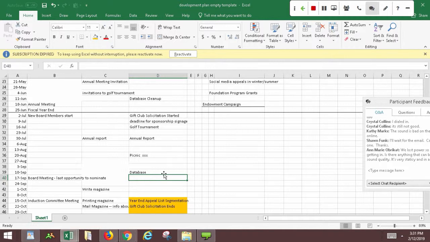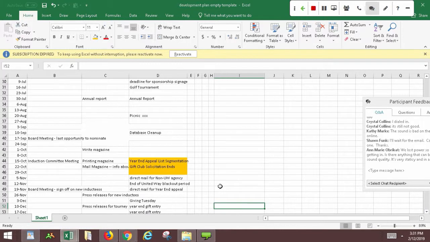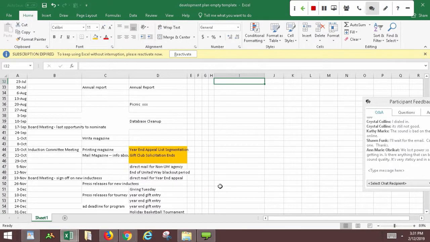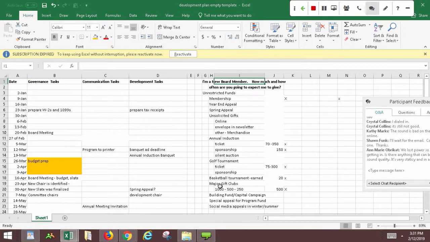Put these things in your timetable based not on me saying do it in May, but based on you looking at your own calendar and saying, when do I have a couple weeks when I'm not already buried?